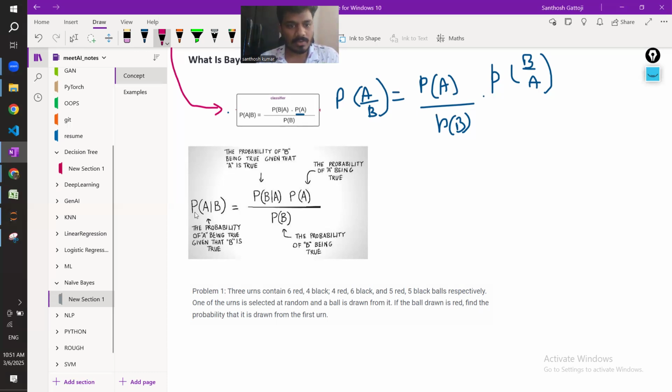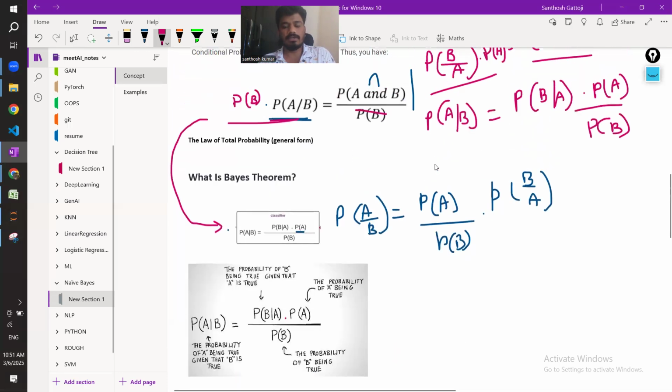The way you read it: probability of A given that B has occurred equals probability of B given that A has occurred, into probability of A, the actual probability of A, by the actual probability of B. Any doubts here? Simple formula.